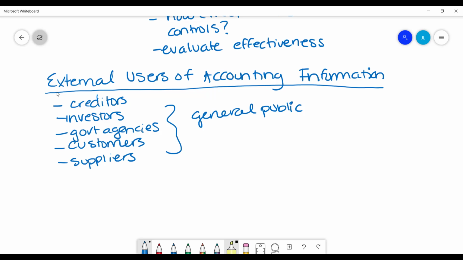Now, of course, is there information that can't and won't be shared with external users? Of course, right? That's that management accounting information that we talked about. That stays within the company. But external users, that's a main focus, and a lot of this is just the foundation of what we'll be learning how to do later on in this class.